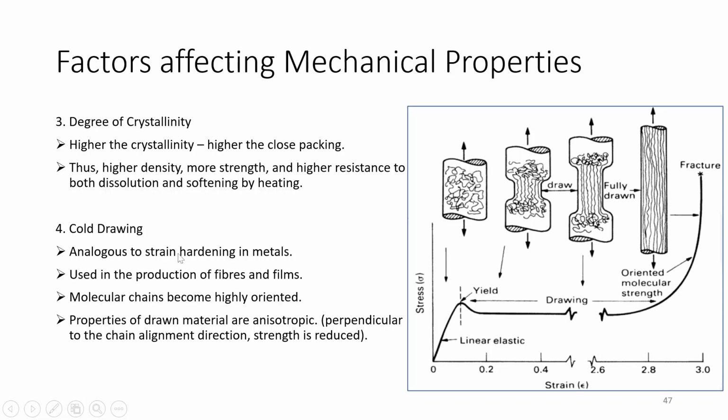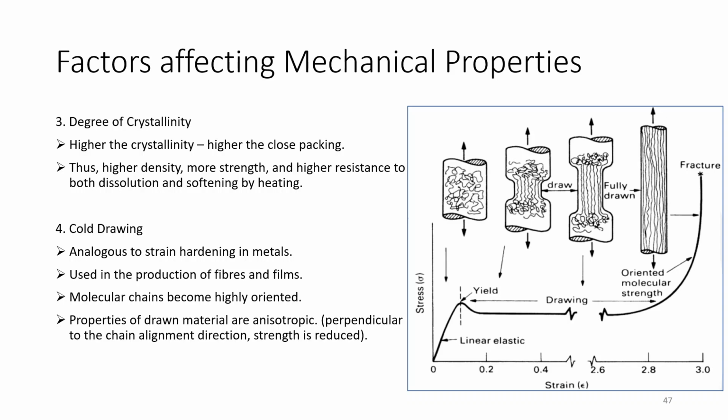So it is analogous to strain hardening in the case of metals. In strain hardening, what happens? Dislocations form, and dislocation multiplication leads to enhancement in strength. So your material will keep on getting harder.